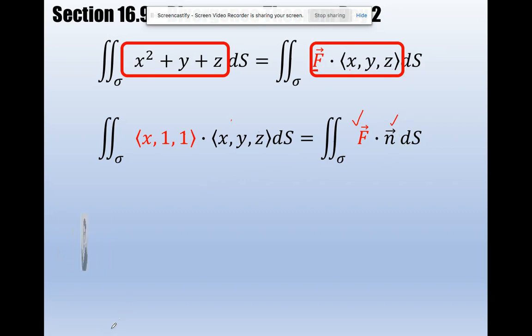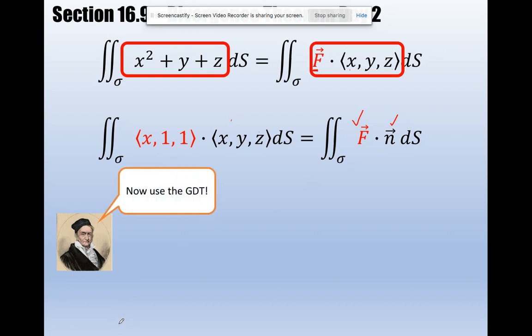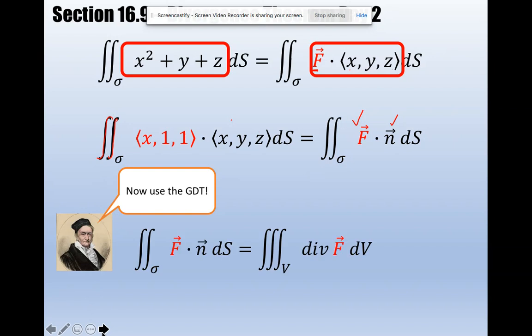Now Gauss steps aside, says, okay, now you can use the GDT. So let's take our now flux integral, wink, wink, and turn it into a triple integral where I use the divergence of my vector field, F. Where's my vector field?